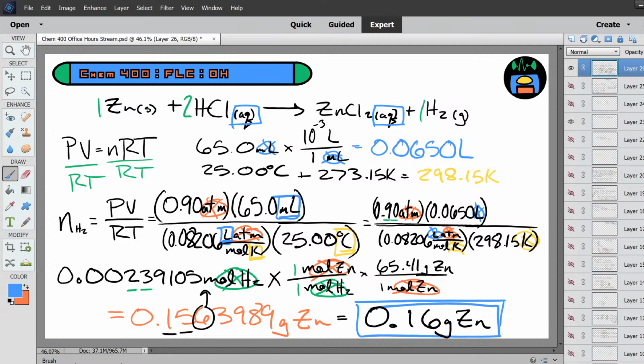Okay, so let's see. For lab 3, okay, hang on one second. Let me just pull up some stuff. All right, let's see.